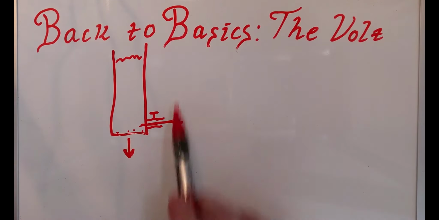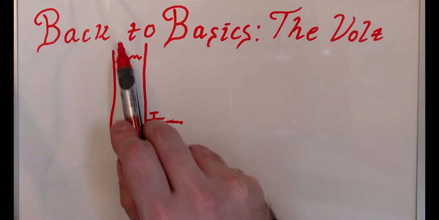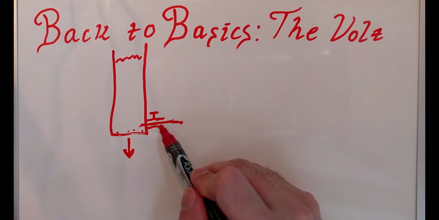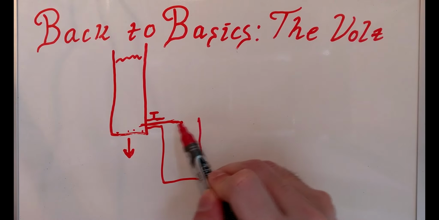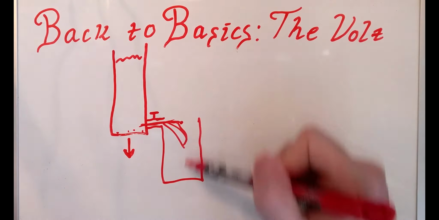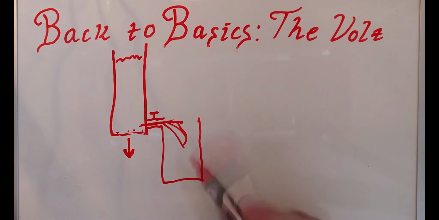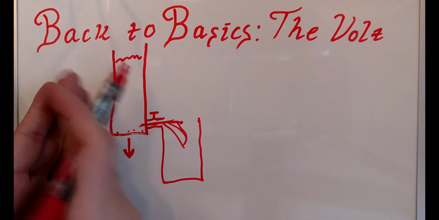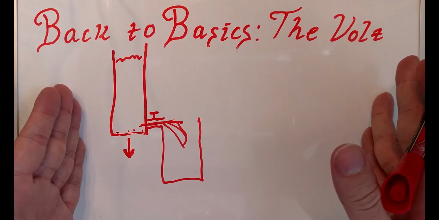So volts is how much pressure we have between this point and, let's just say, this other tank. How much pressure is pushing from here to here is our voltage. How badly does the electricity want to go from this point to that point?